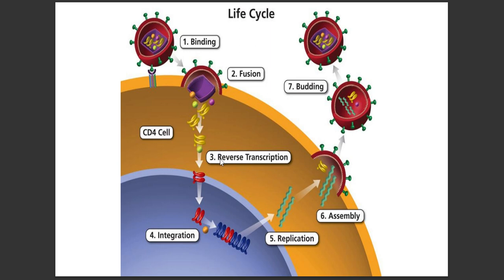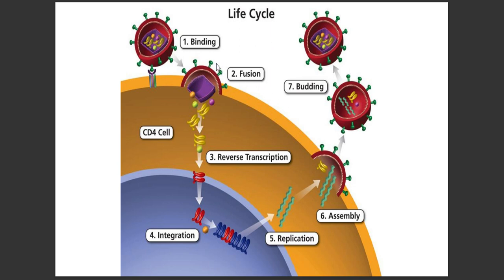And then step 3. Remember we have got 3 enzymes inside of the virus. We have got the reverse transcriptase, the integrase, and the protease. What the reverse transcriptase does is this: according to the central dogma of molecular biology, DNA is supposed to convert to RNA and then RNA to proteins.